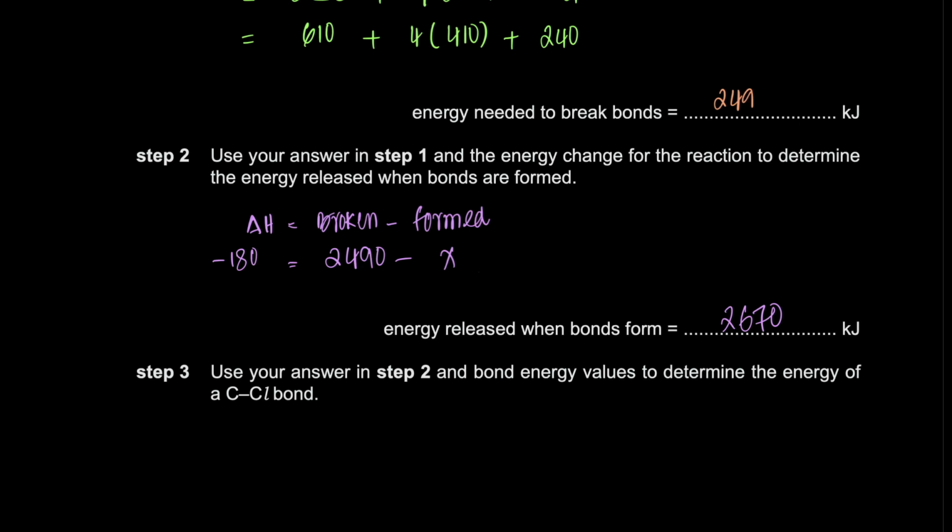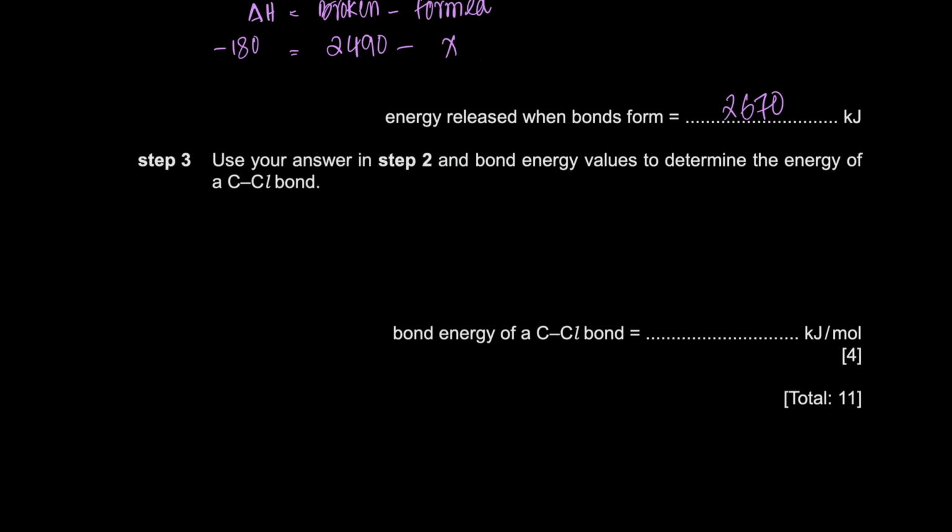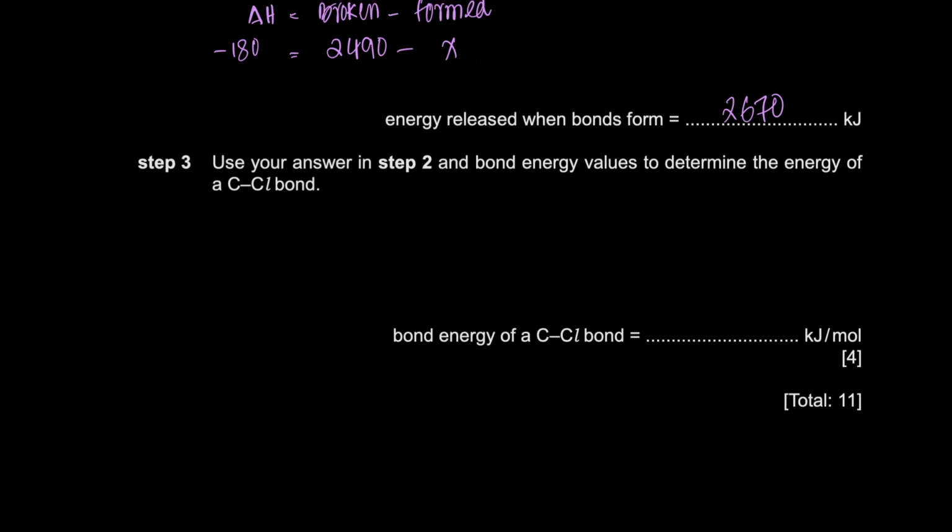Use your answer in step 2 and bond energy values to determine the energy of this, what essentially we had. So bonds formed, the energy of all the bonds formed.